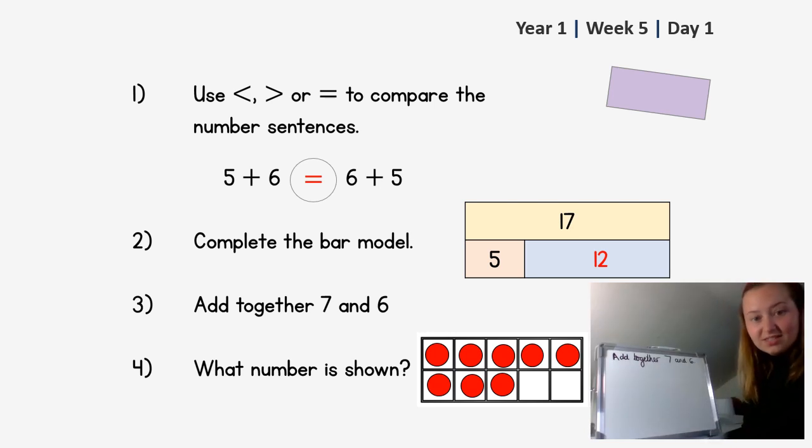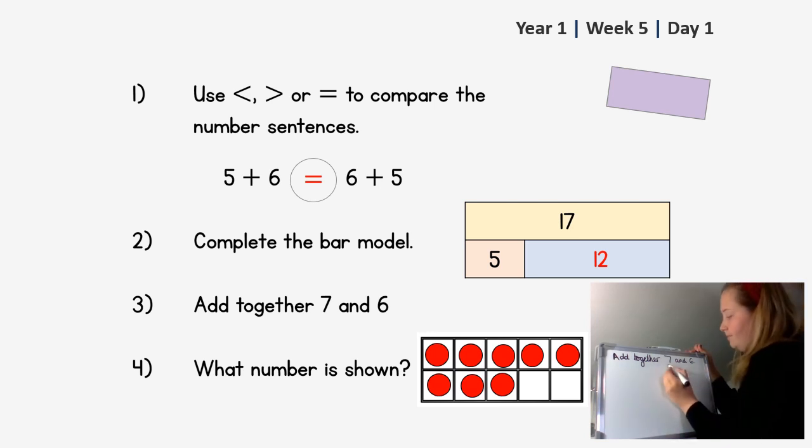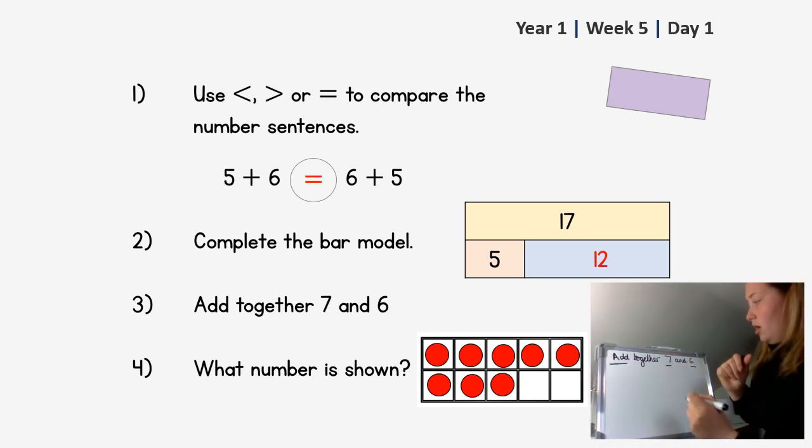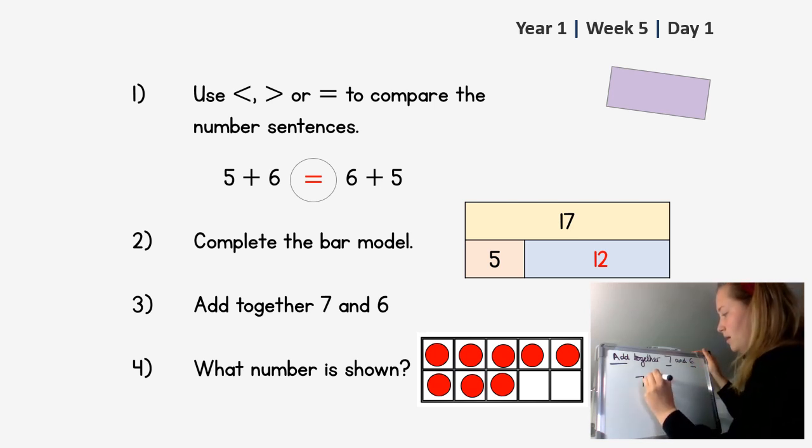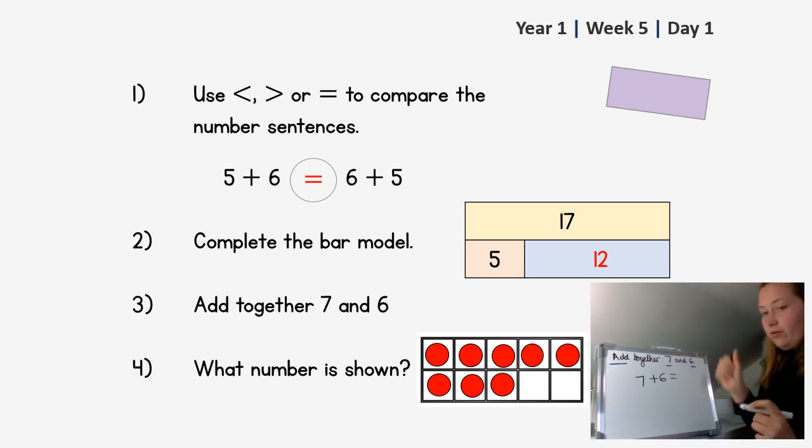Okay, so the next question says, add together 7 and 6. Now, important information. 7, 6, add. If we're adding, we're adding. So it's asking you to put together those two. So it's 7 add 6 equals. Now, there are lots of different ways you could do this.